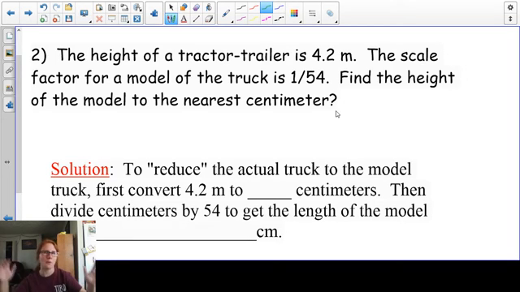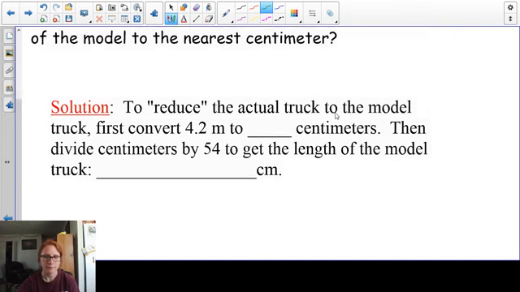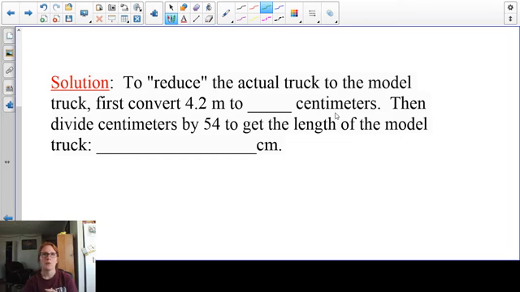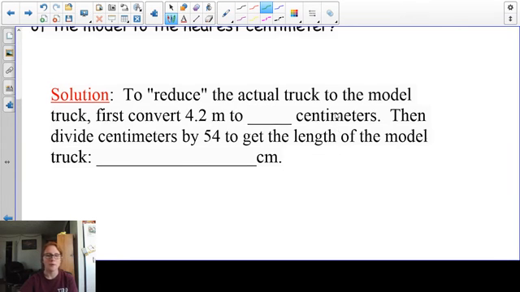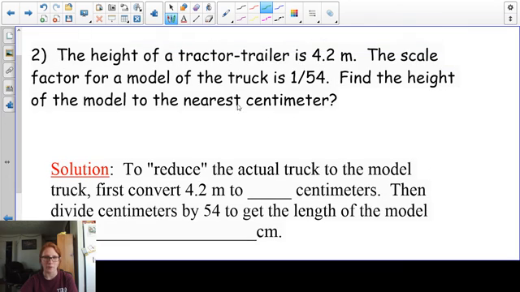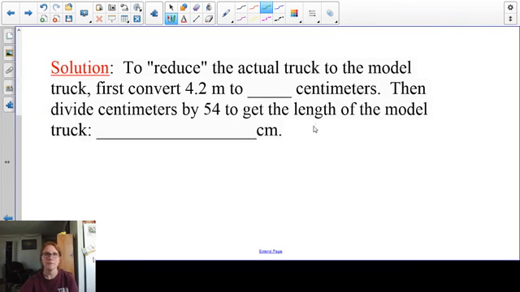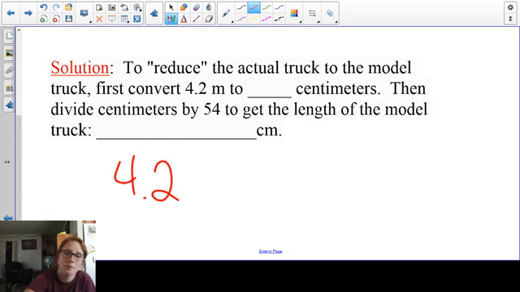So in this case, we're going big to small. So we're going to shrink it down. To reduce it, we're going to first convert 4.2 meters into centimeters, because it tells me centimeters right here. Now am I going to multiply or divide? Think about it.